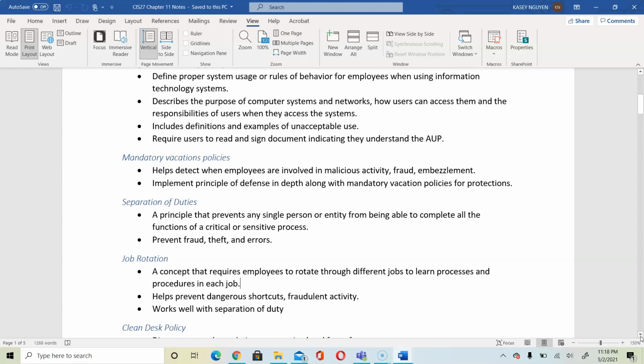If you have one individual in the same position for years, that can cause fraudulent issues, or in some cases errors and mistakes could be made. So this would help prevent dangerous shortcuts and fraudulent activity overall. And it works very well with your separation of duties. So when you implement SOD, we want to also implement job rotation.